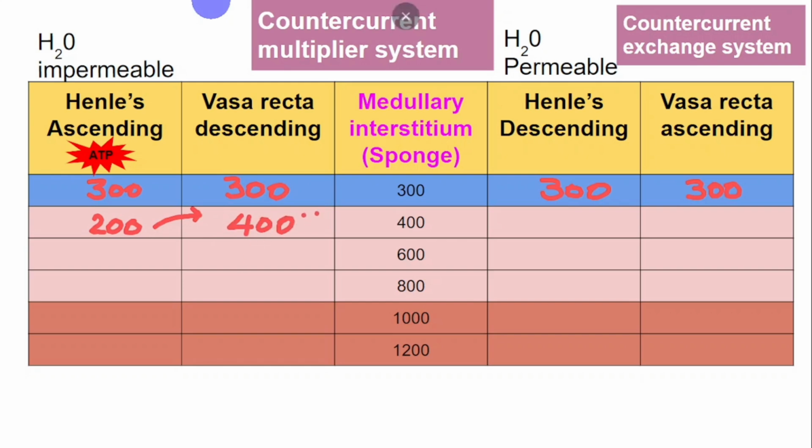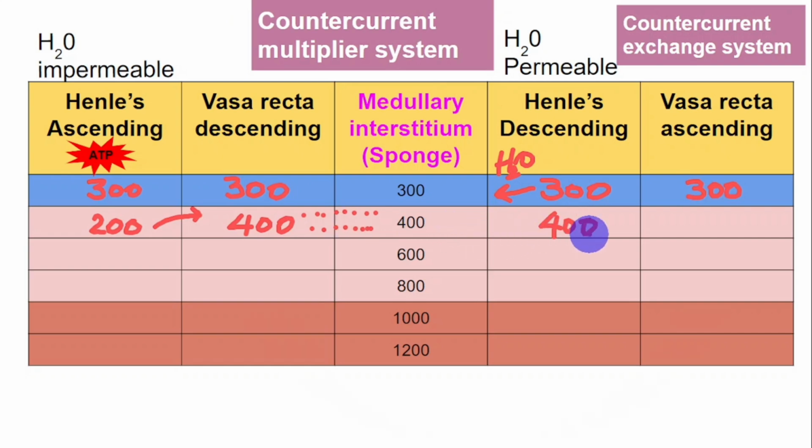So via diffusion, since the wall is freely permeable, it diffuses in the medullary interstitium. This concentration difference is immediately sensed by the Henle's descending limb, and since it is permeable to water, it will lose water, H2O. And by loss of water, the concentration in the descending limb will become 400.